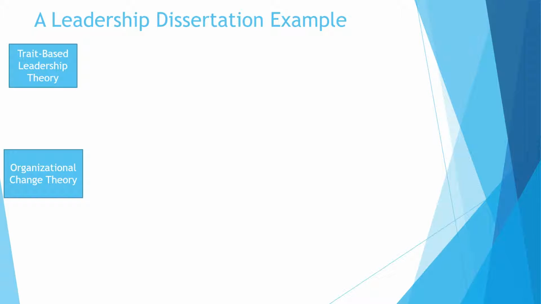And the second stream of literature is coming from organizational change theory, and both of these have a big body of literature behind them. They're separate. There has been some work kind of looking at them combined. Kurt Lewin addresses both leadership and organizational change in a lot of his literature.